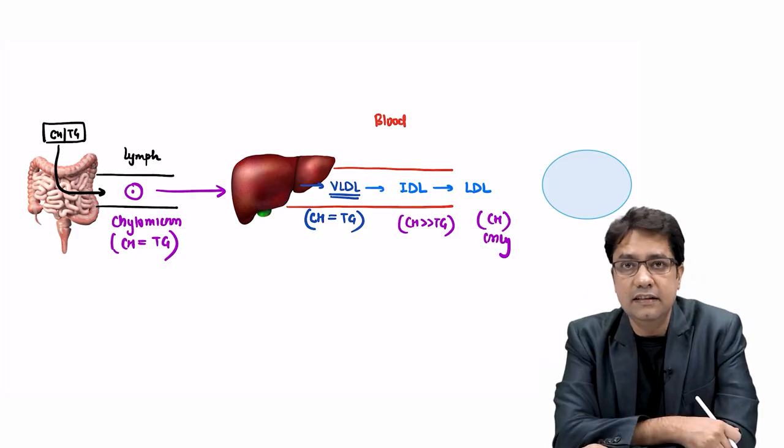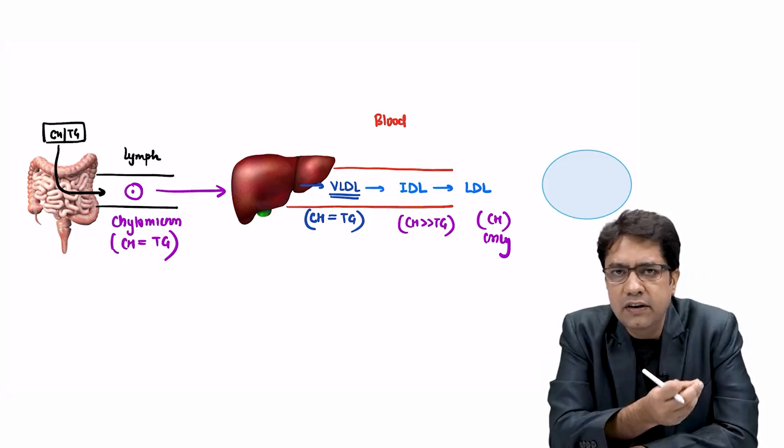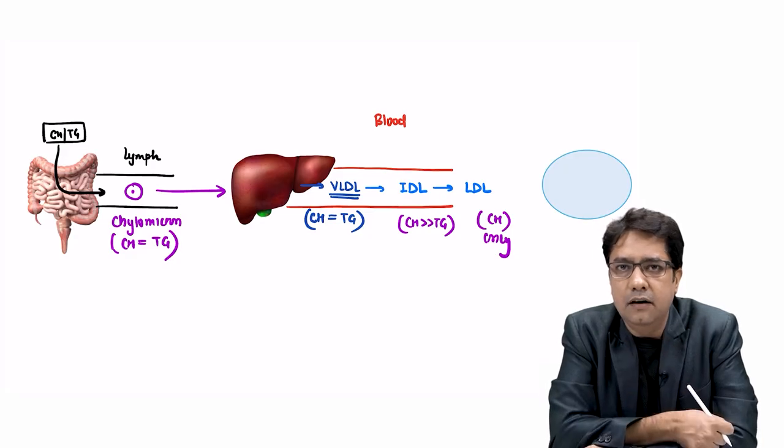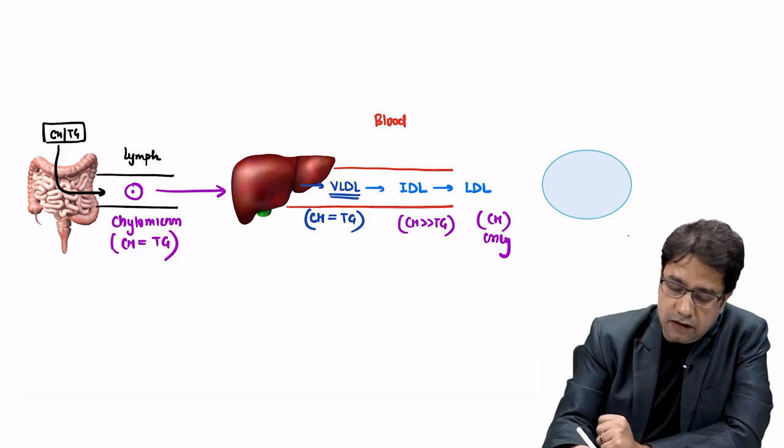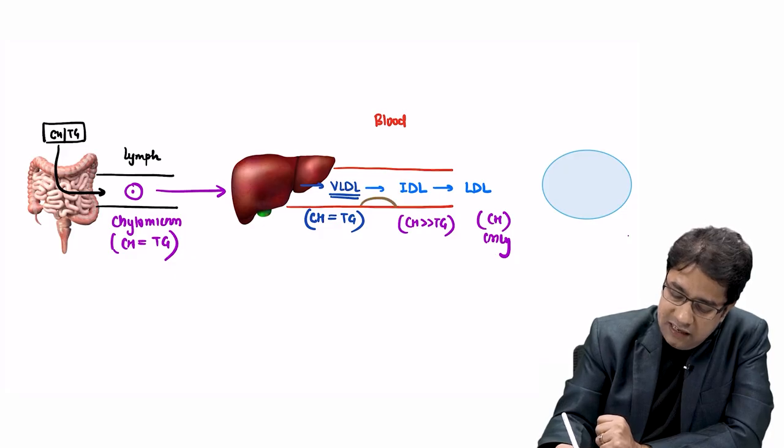So one question arises: who is removing this triglyceride from the blood? Remember, on the surface of the endothelial cells of our blood vessels, there is an enzyme known as LPL enzyme.